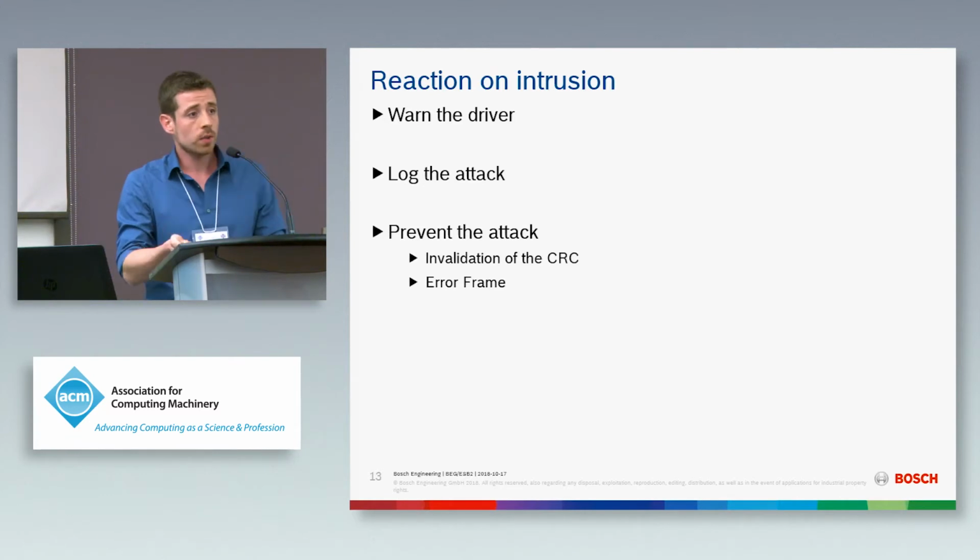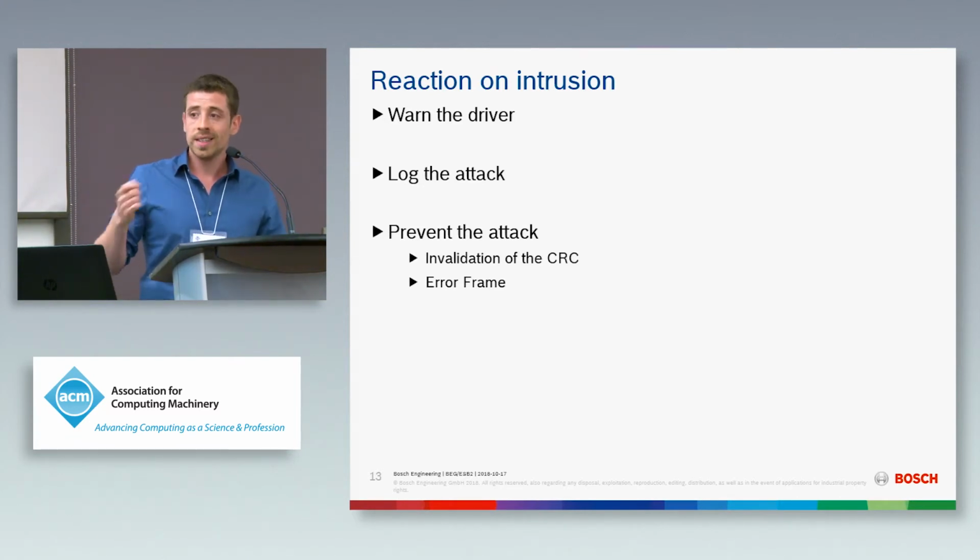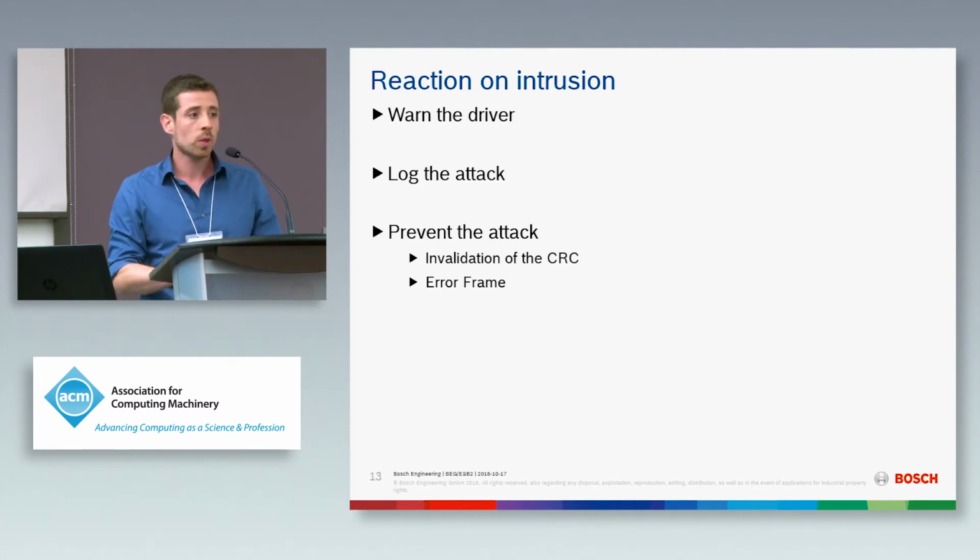If you're really fast with your classification, you can, for example, invalidate the CRC, or you can send an error frame. But you must be really sure what you're doing, because in safety-critical buses, it's maybe not a good idea.